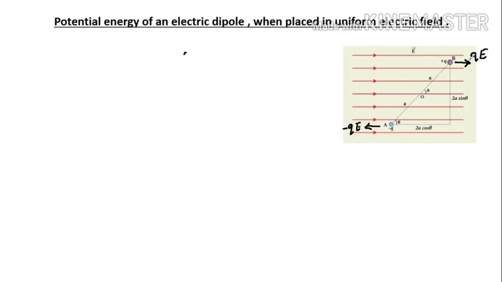Okay. So what happens is that in uniform electric field, the dipole does not have any translatory motion. It means it cannot move in a straight line path. But yes, due to this oppositely directed force acting on this dipole, this dipole is actually going to rotate about its axis, that means about this point O. As you can see here, about this point O, this dipole is going to rotate.